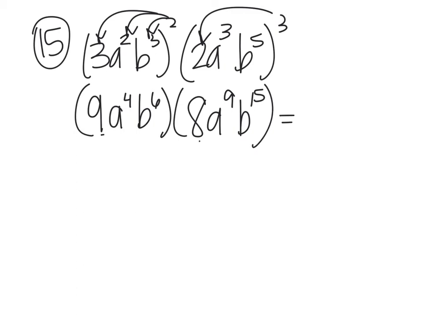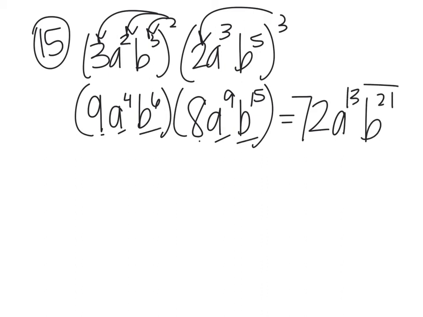You multiply these, and you get 72. You add exponents on the a's, and you get a to the 13th. You add exponents on the b's, and you get b to the 21st. Your answer is a to the 13th b to the 21st, D.